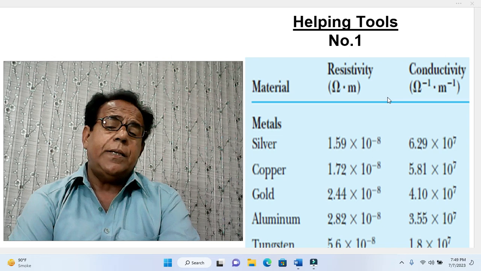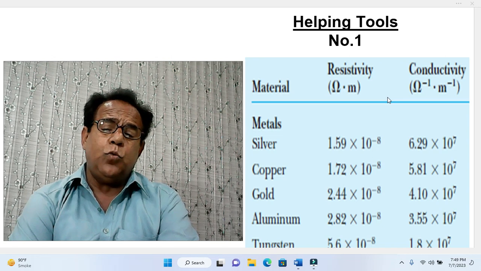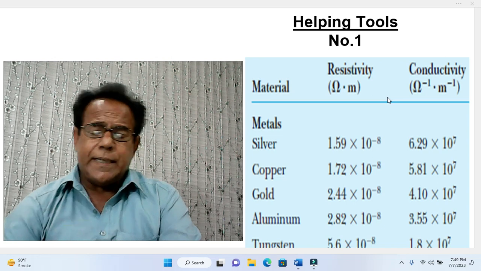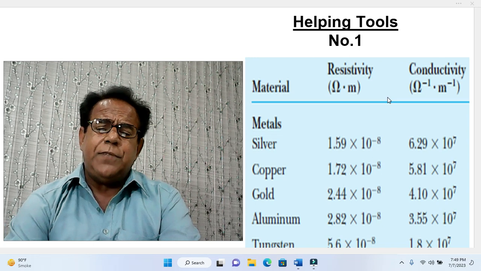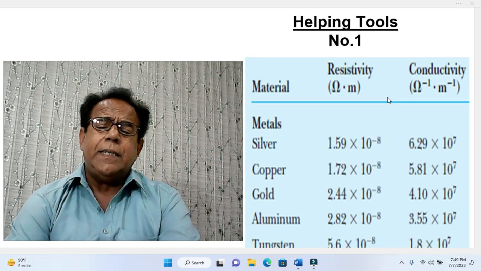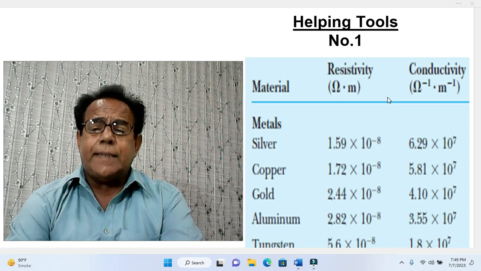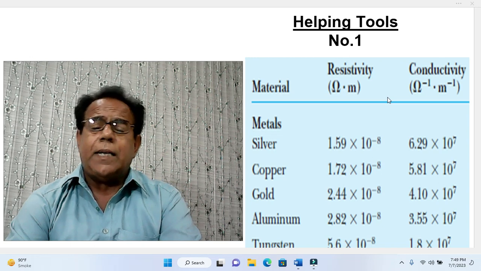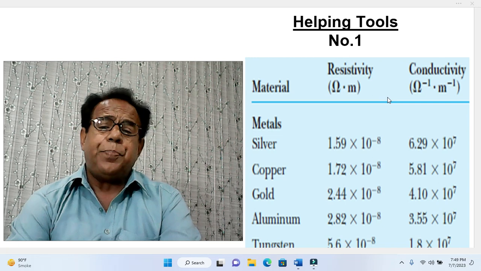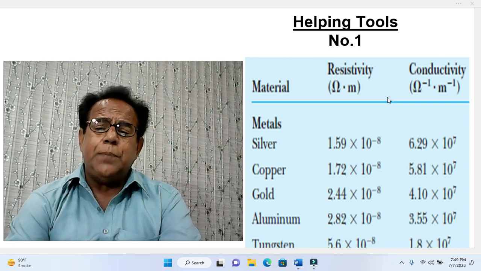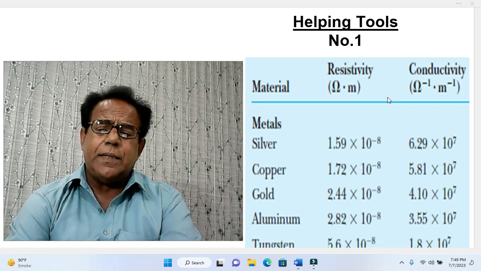Actually, dear students, it is a clear cut fact that resistivity and conductivity are reciprocal of each other. Less resistivity, more conductivity, and vice versa.